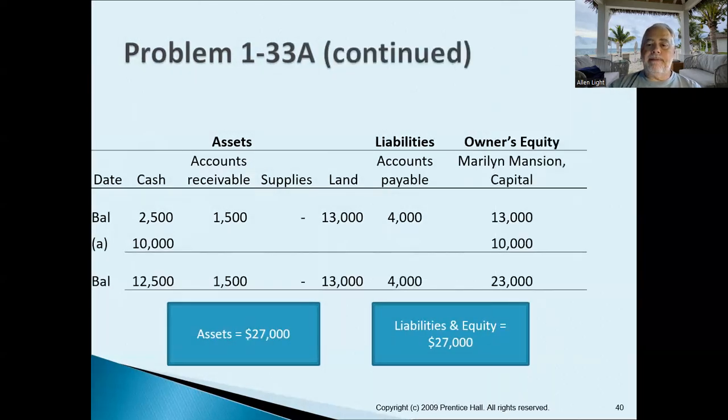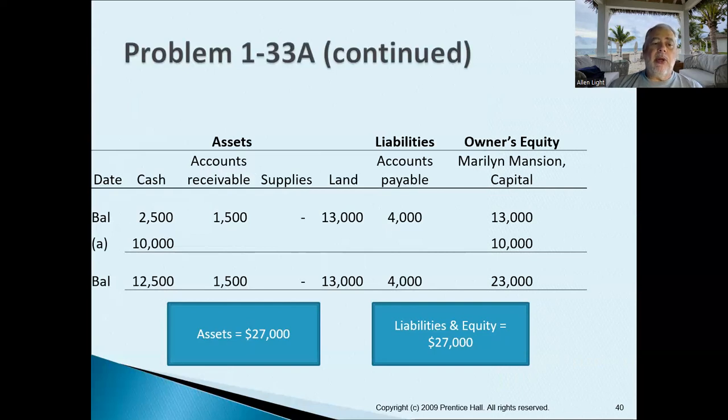Now, the first transaction, what ends up happening is the owner invested cash. So the owner put $10,000 worth of their own money into the assets. Now, when they put their own money into the assets, it's not revenue, it's considered capital.